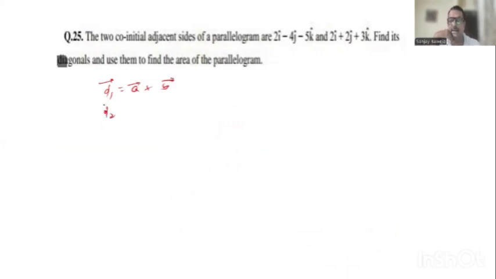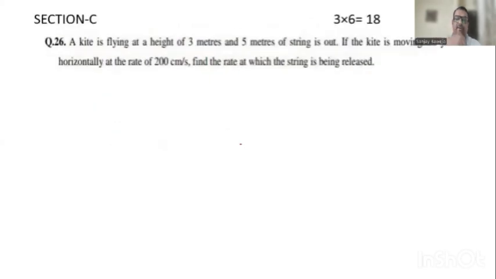And second diagonal D2 is equal to vector A minus vector B. So you can find D1, D2 in this way, and area of the parallelogram is equal to half of magnitude of D1 cross D2. So by using this formula, you can find out area of the parallelogram.